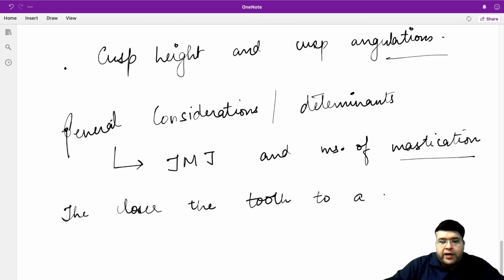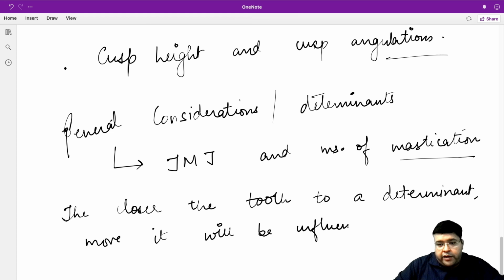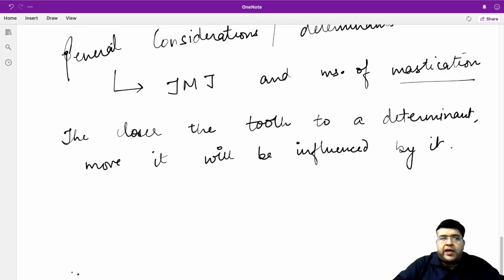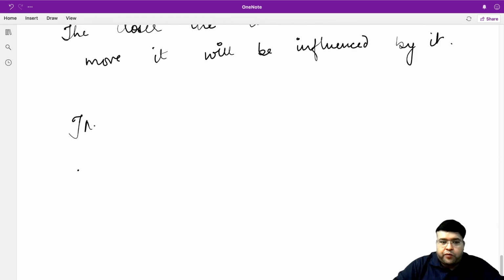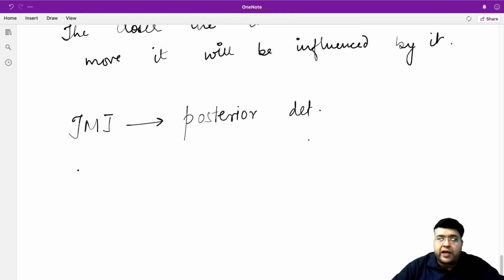The closer the tooth is to a determinant, the more it will be influenced by it. So what do we mean by this? If I'm talking about the TMJ, the temporomandibular joint, this is a posterior determinant, like the condylar guidance.